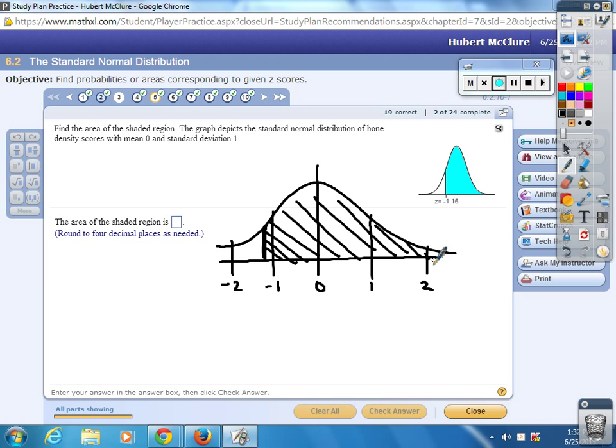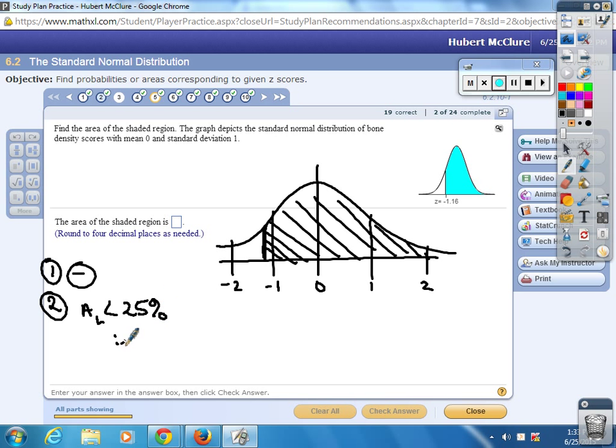All right, the first question, is my z-score positive or negative? Negative. It's negative, so that means I'm going to look on the negative z-score list. Two, what is my area going to be to the left-hand side of this guy? Well, this is 25%. So this little area right here is going to be less than what? Area to the left is going to be less than 25%.